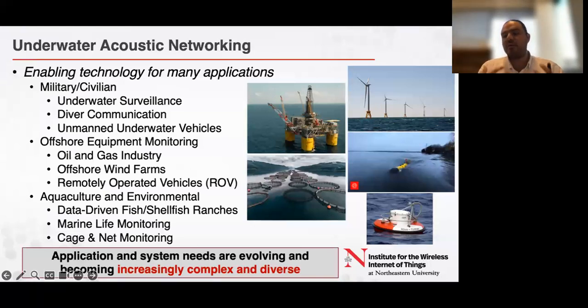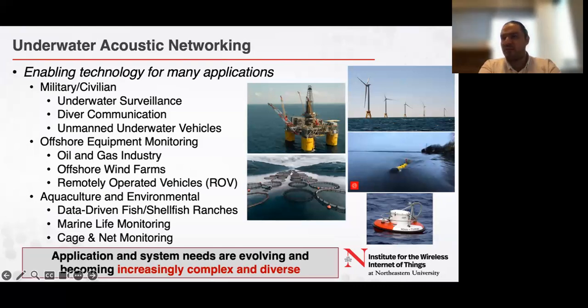This enables more efficient and more environmentally friendly production of fish and shellfish, whatever you're producing, and that is a big need. It is primarily important in the US because we're consuming much more than we produce.